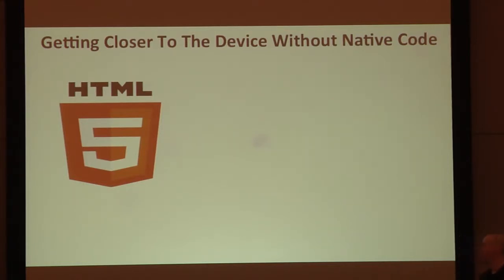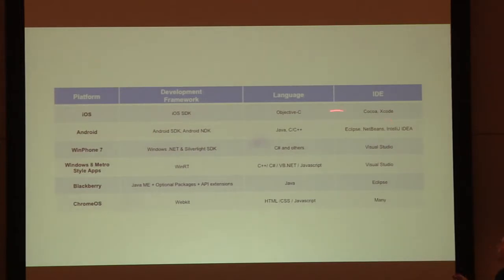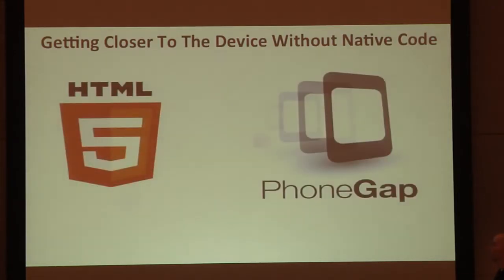So the previous slide, where it says you need to do Objective-C or Java or C++ or C#, this takes that piece away from you. What you write it in is HTML and JavaScript. Phonegap gives you this JavaScript framework that gives you access to most of the features of the device.